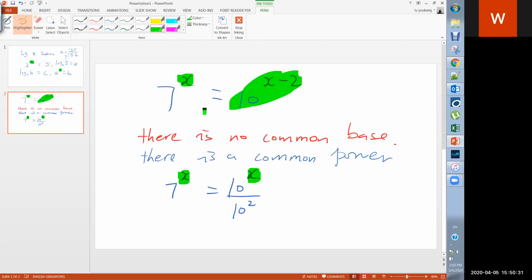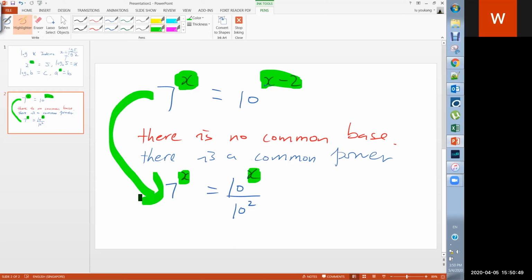Over here, in the question given, the power is actually x minus 2, and this one, the power is x. So strictly speaking, the power is still not common yet. But once you do this step, then the power is common.